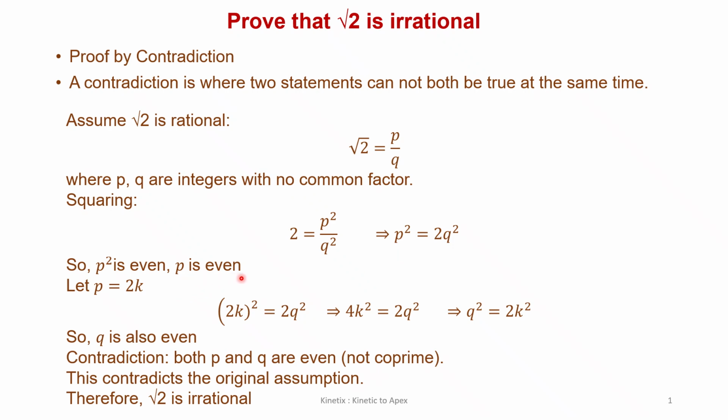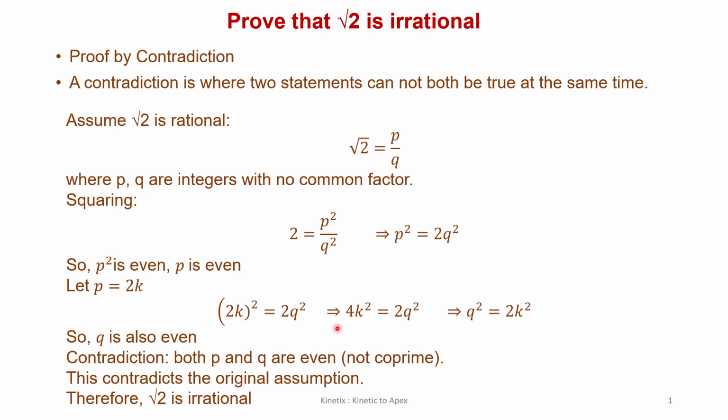So if p is even, we can say p is also a multiple of 2. So let us assume p equal to 2k. By replacing p equal to 2k in this equation, we can say (2k) whole square is equal to 2q square.